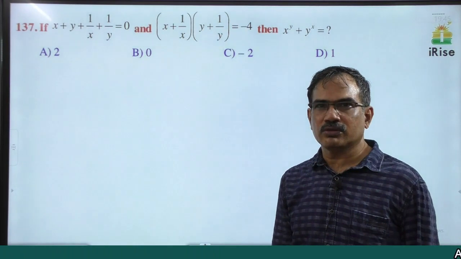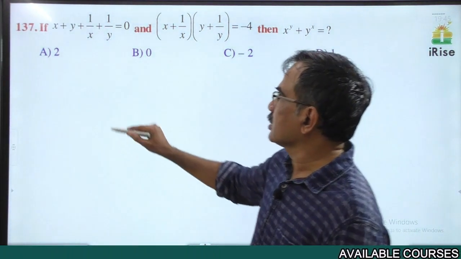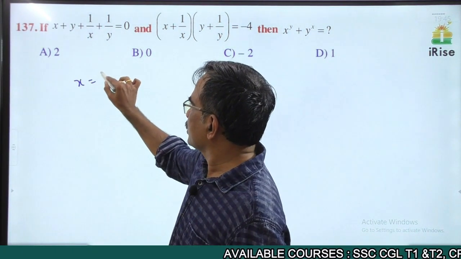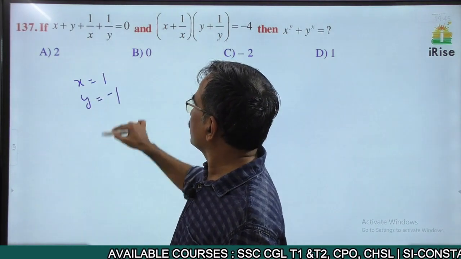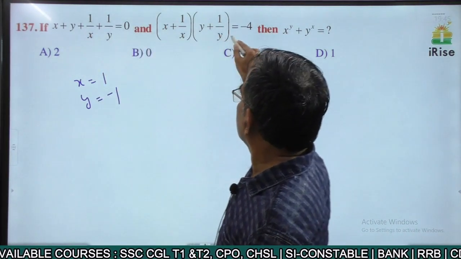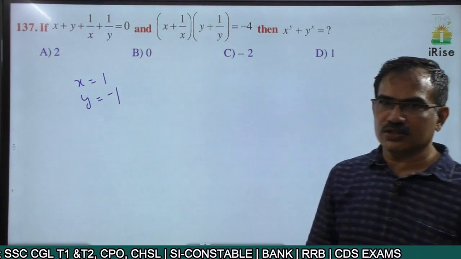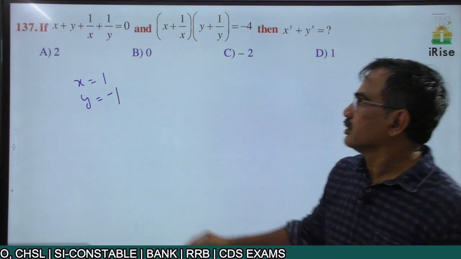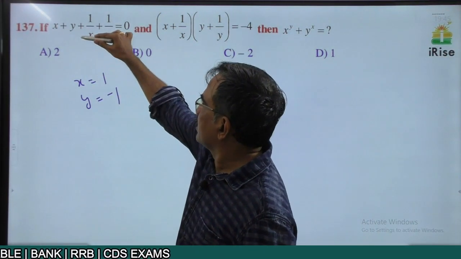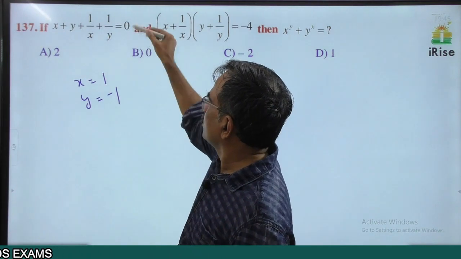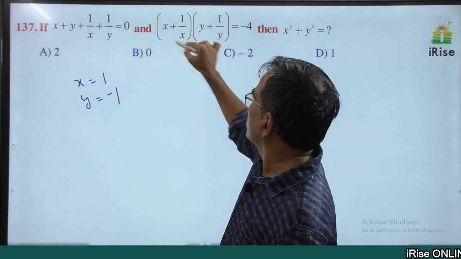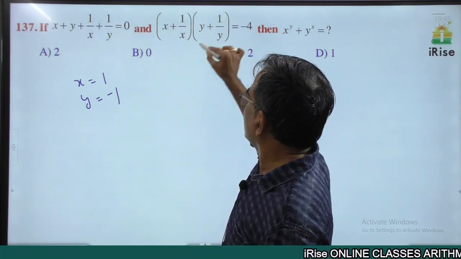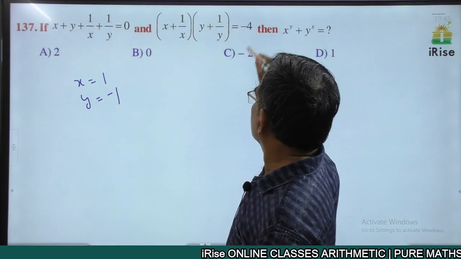By substitution we get the answer easily. Just by taking x is equal to 1, y is equal to minus 1, this condition and this condition both are satisfied. x plus y, this is 0, 0 satisfied. x plus 1 by x is 2, y plus 1 by y is minus 2, 2 into minus 2 satisfied.